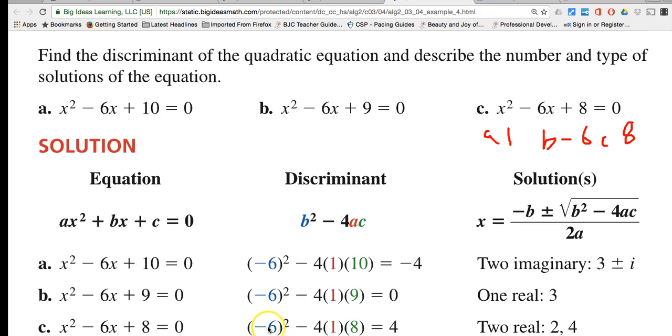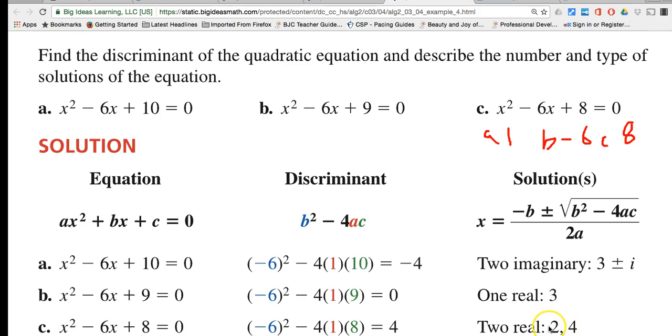So we get 36 minus 4 times 8, which is 32. 36 minus 32 gives us positive 4. This is a case where D is greater than 0. We have a positive discriminant, which means we have two real solutions.